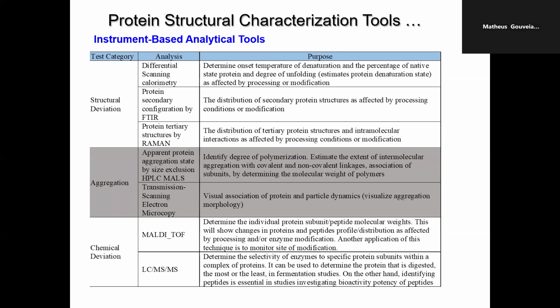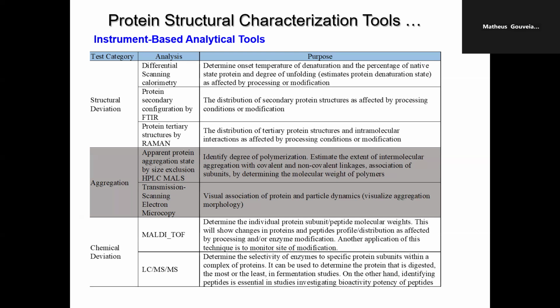Movement in the column is based on size, on the diameter of the protein. So it shows if degradation happened, and it shows aggregation. Sometimes it's not really a quantitative measure of aggregation; it just shows you the relative distribution.